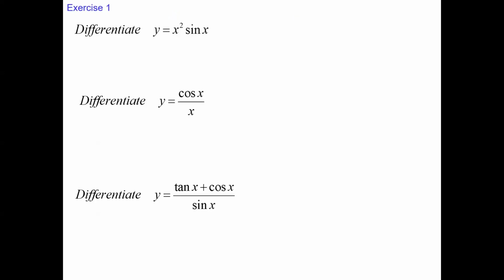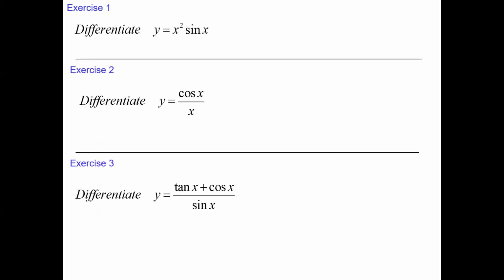Okay, and now let's do maybe a couple of exercises. Exercise number 1, 2, and 3. Differentiate x squared sine of x. The important part is not to miss the product rule. We have to be extremely careful.